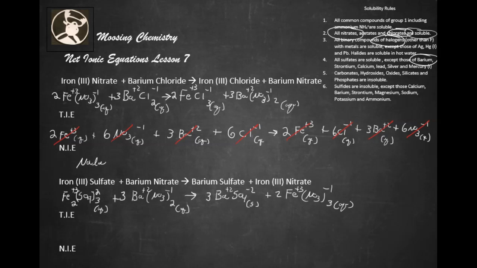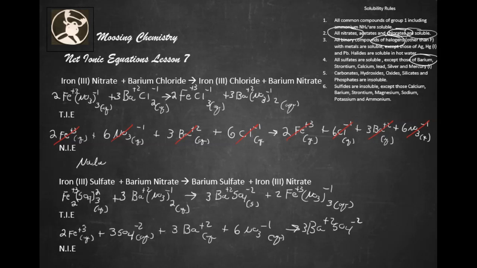Alright, so let's go ahead and do this. This would be 2 Fe plus 3 AQ plus 3 SO4 minus 2, this would also be AQ, plus 3 Ba plus 2 AQ plus 6 NO3 minus 1 AQ yields 3 BaSO4 plus 2 solid.